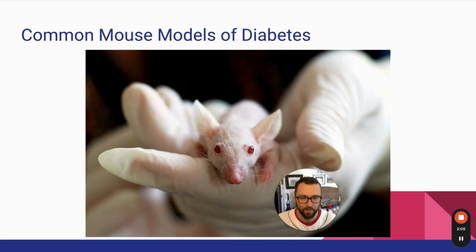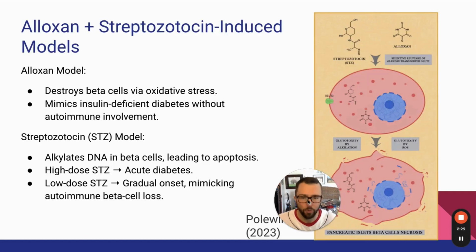This is going to give us some insight into what the research community's understanding of how diabetes develops is. I made an episode about how diabetes is made in the lab, and it talks about all the things that we're about to rehash.